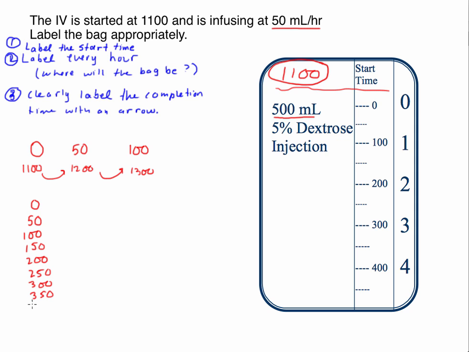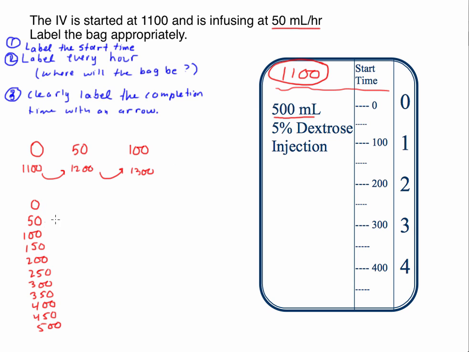The reason I'm doing this, you might say, well, it should be pretty easy to mark 50 milliliters on those bags. That's correct. But if this were to change, say, to 60 milliliters per hour, or 65, or something that's not as nice as 50, it might be a little bit more complicated trying to just read it and mark it. So it might make sense to just list out what you're labeling.